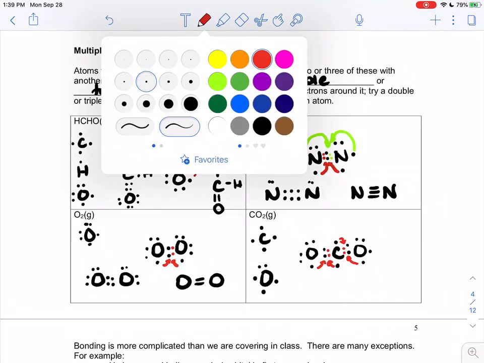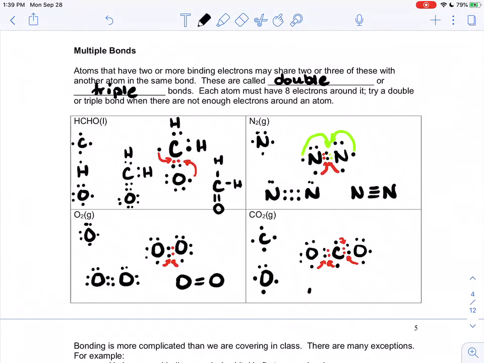And so when it comes time to draw and what you need to hand in, remember, I don't want to see the arrows, is basically this. Okay, so there is my electron dot diagram for carbon dioxide. You've got carbon with 2 double bonds with the oxygens. And again, my structural diagram looks like this.